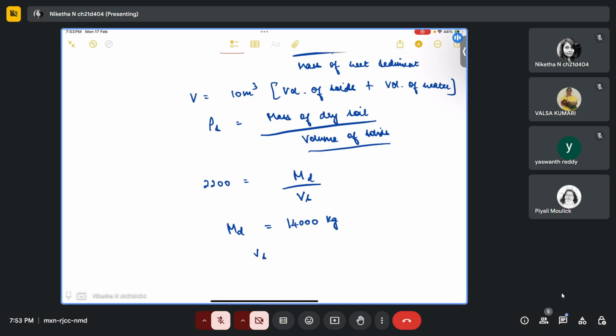So using this, the volume of solids will be how much? 14,000 by 2,200. How much is that?